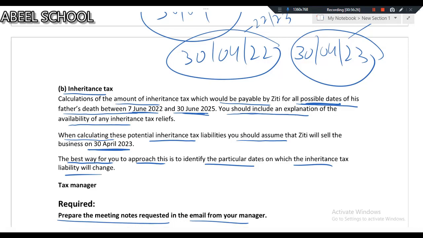When calculating these potential reliefs, you should assume that Ziti will sell the business on 30th April 2023. The best way to approach this is to identify the particular dates on which inheritance tax liability will be charged. Now listen carefully.